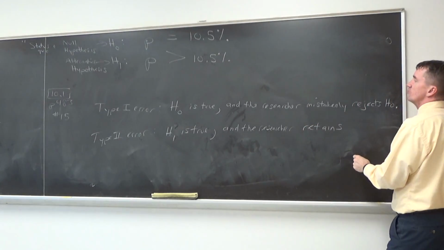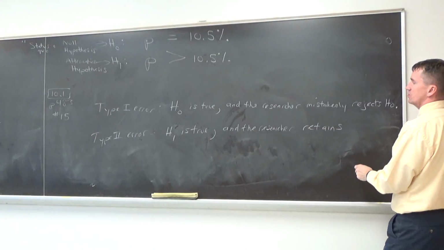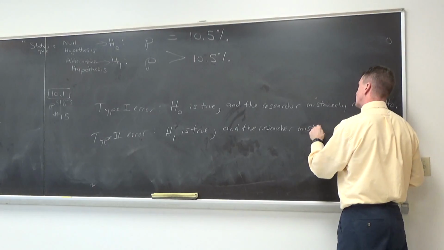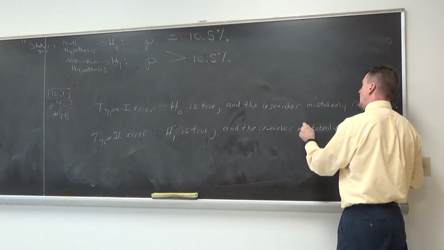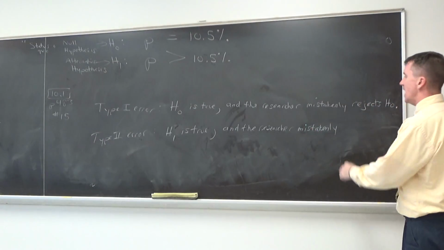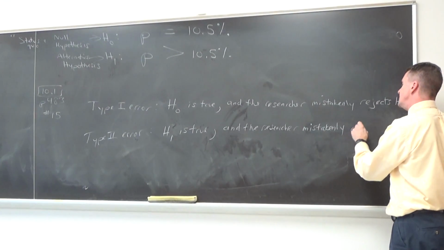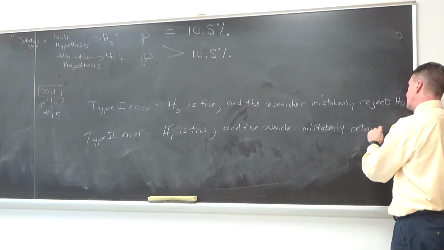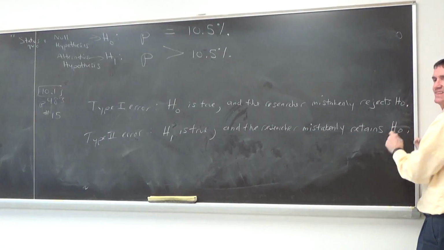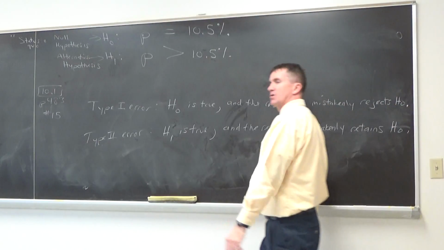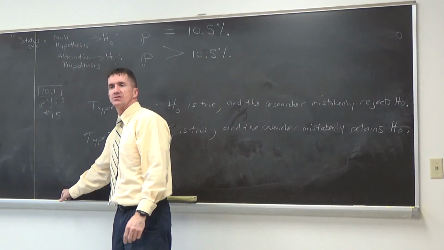The H1 is true, and the researcher, remember, he makes a mistake, so I'm going to write mistakenly. H1 is true, and the researcher mistakenly retains the H sub 0, the H not. But everyone, I'm going to cross out this word retains, and I'm going to tell you how statisticians talk.